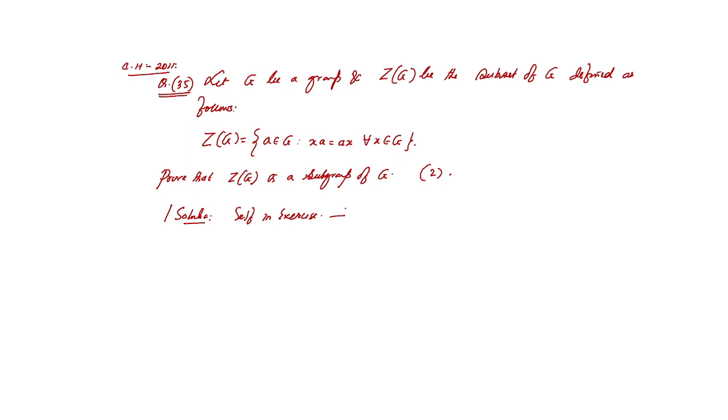Now we'll come to another important subgroup. This is called the centralizer of an element. Okay. So now we'll come to another important subgroup. Let's recall, this is called the centralizer of an element in a group.